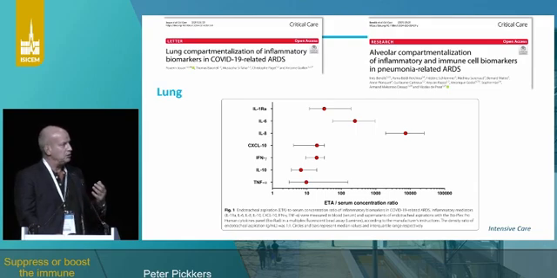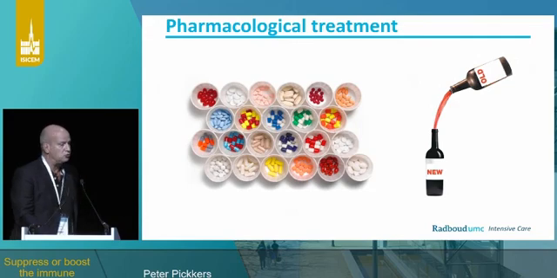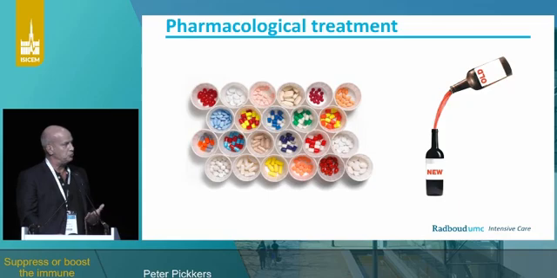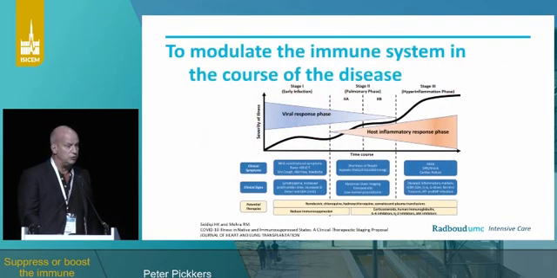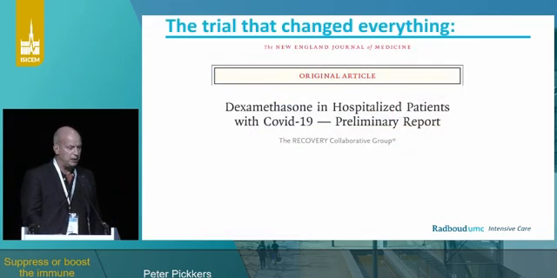So there might not be a cytokine storm systemically, but there is at least a storm in the lungs. And the third reason to think that hyperinflammation is of relevance in most of these patients is that the pharmacological therapies that have been proven to be effective were mostly suppressing the inflammatory response. So they are focusing on the very late phase, the hyperinflammation in most of these patients.